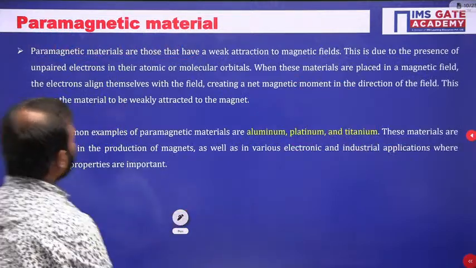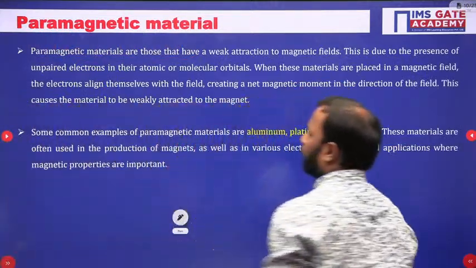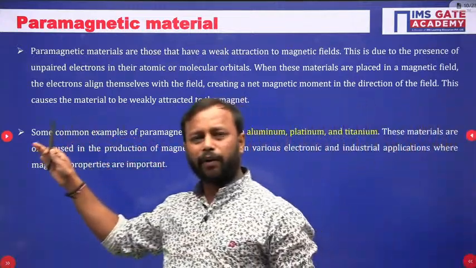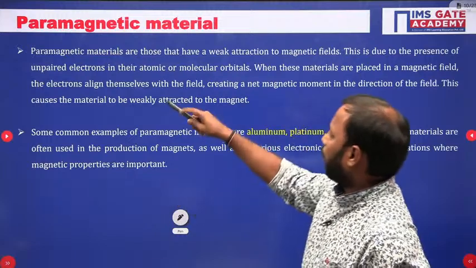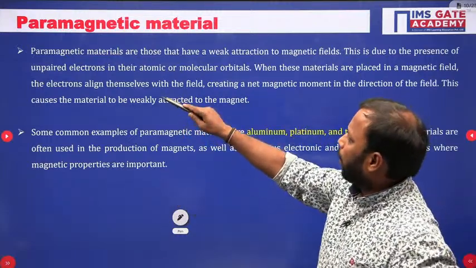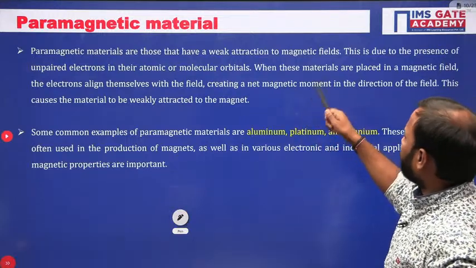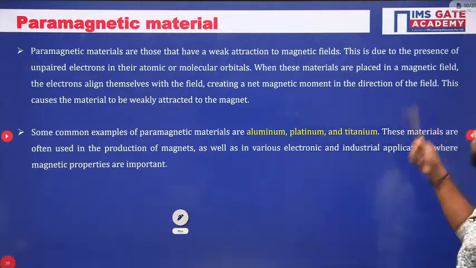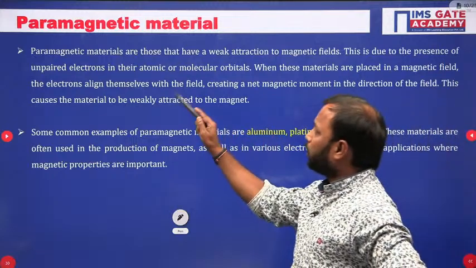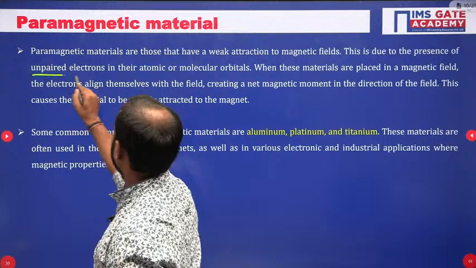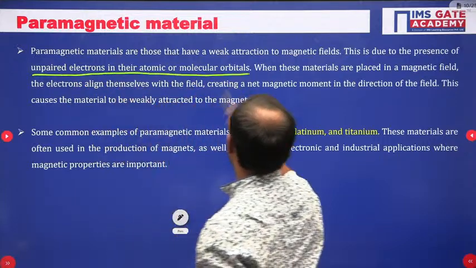Okay? Now let us come to the paramagnetic material. Any doubt in the last topic that we discussed? Please do post. The paramagnetic materials are those that have a weak attraction to a magnetic field. This is due to the presence of unpaired electrons in their atomic or molecular orbitals. Very important line.